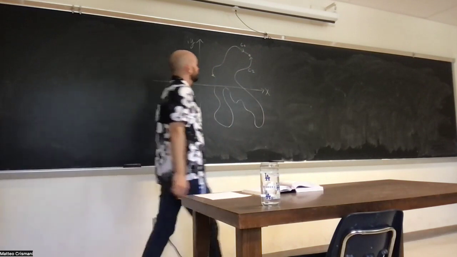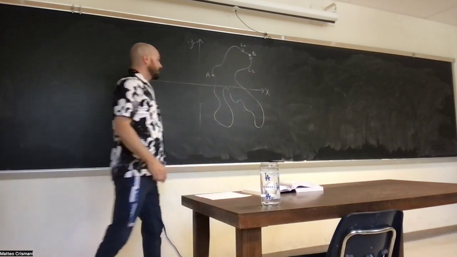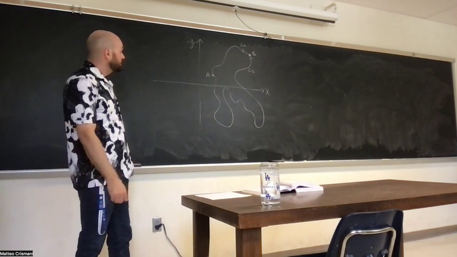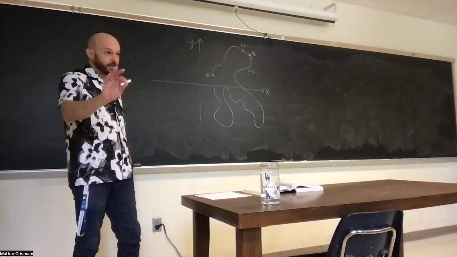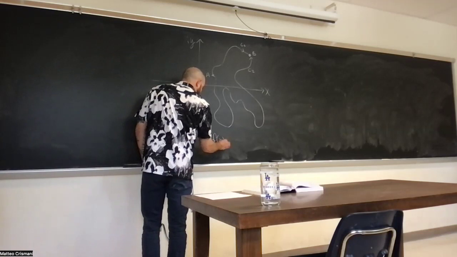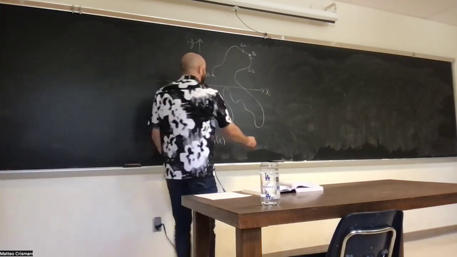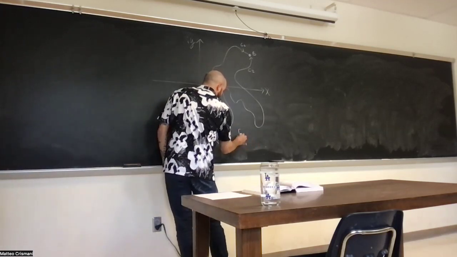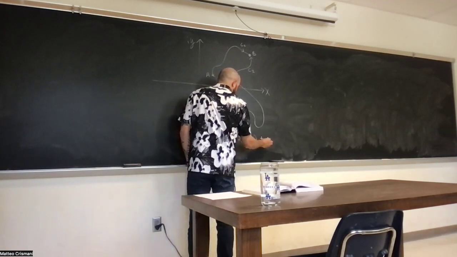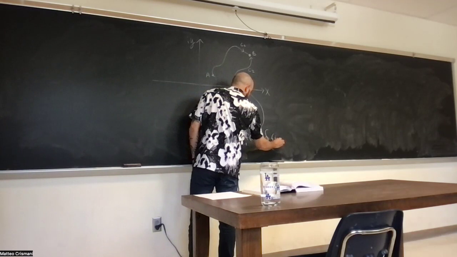These are points, this is A, this is B. If A and B are not singularities, there are no singularities in there, and f of z is analytic in that region, how are C1, the integral of f of z over C1, related to the integral over C2? Equal to 0?